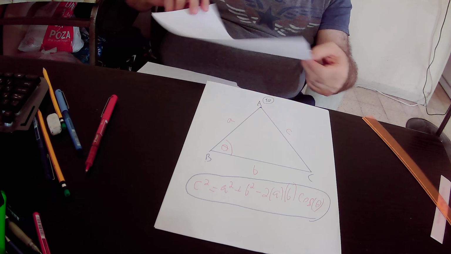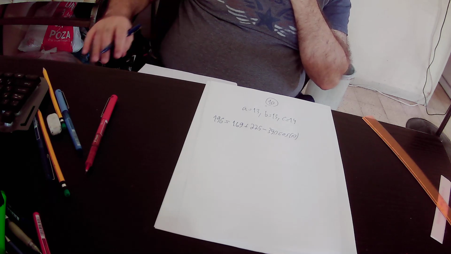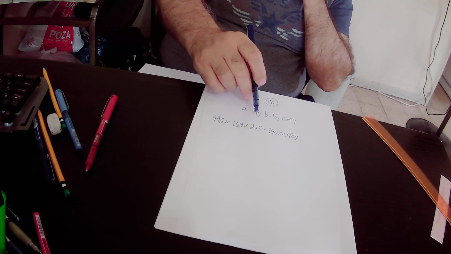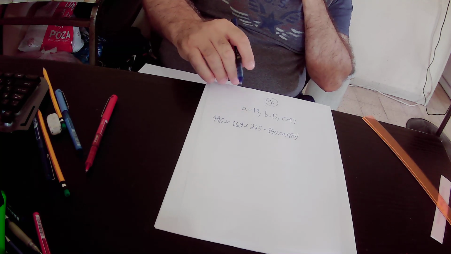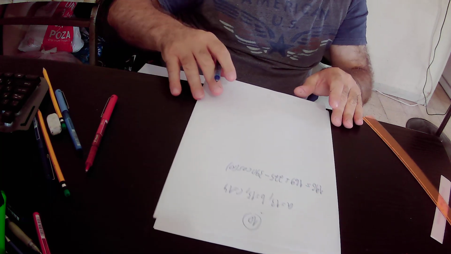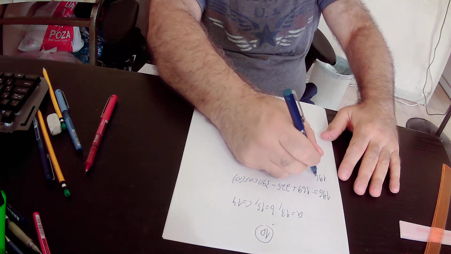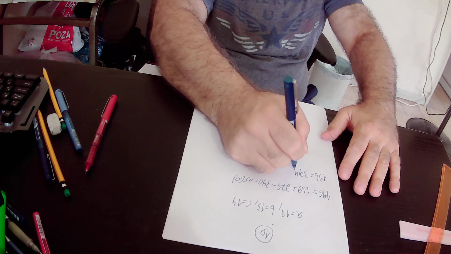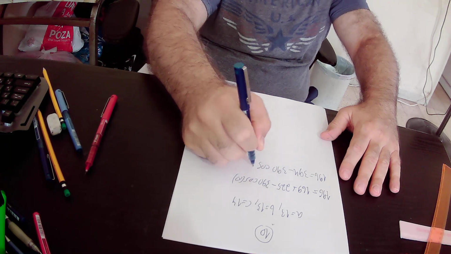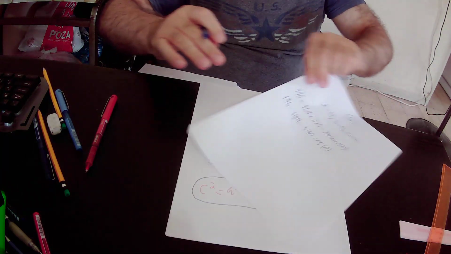So in total we got this equality. Here 169 plus 225 equals 394. So we got this equality.